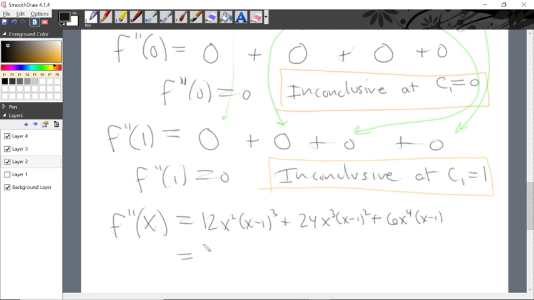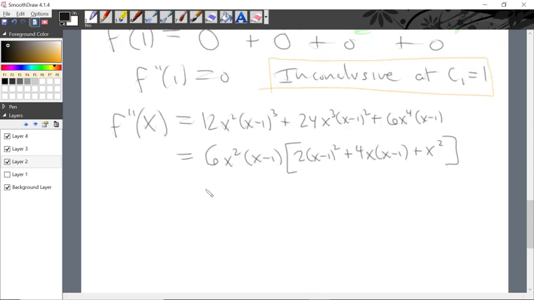We can factor out a 6x squared times x minus 1. That would leave us with 2 times x minus 1 squared, plus 4x times x minus 1 plus x squared.